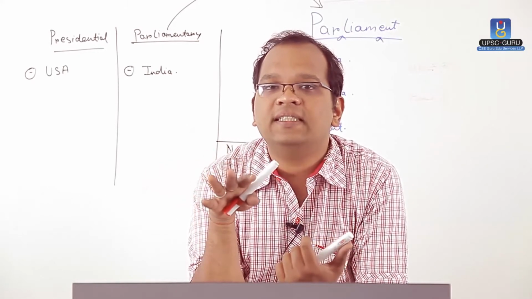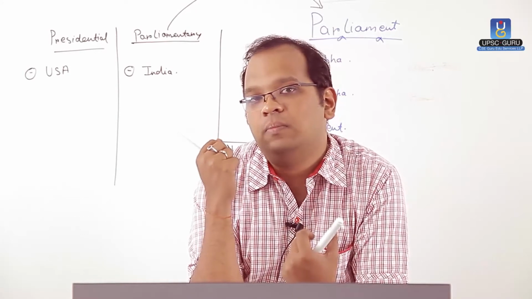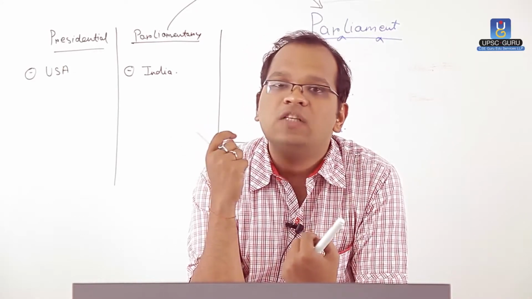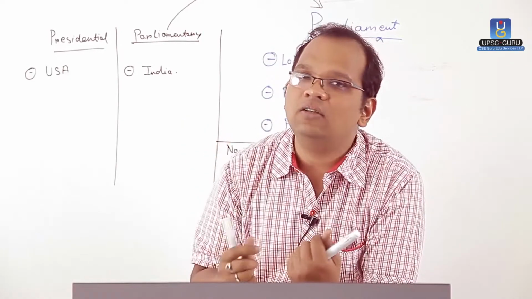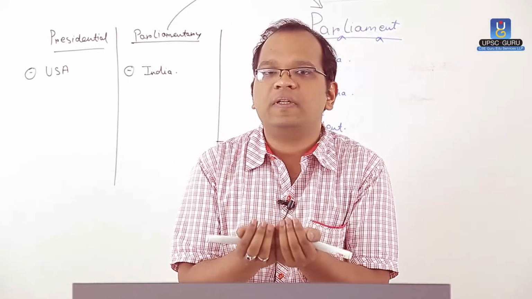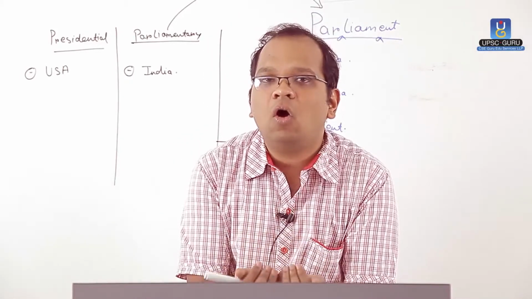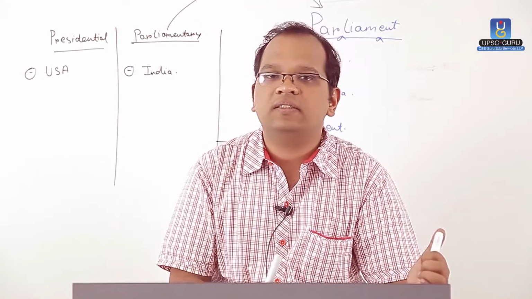So who will take the decisions? The main decision-taking body is the Prime Minister of India. He takes decisions on behalf of the representatives. He is the head of all the representatives. So on behalf of all the citizens of India, he takes those important decisions.